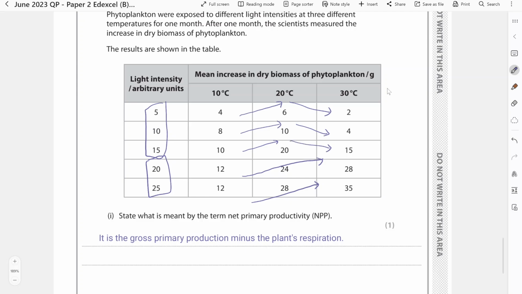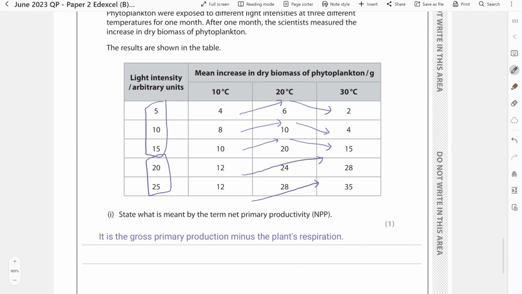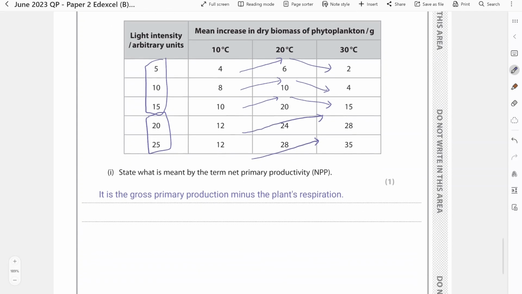The reason why we see a decrease at lower light intensities is because as temperature increases, the rate of respiration increases. That's because the enzymes and the substrate have greater kinetic energy and therefore more successful collisions. So earlier they asked us to state what net primary production was, and that was the gross primary production minus respiration.